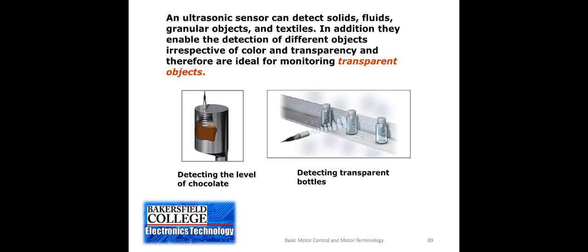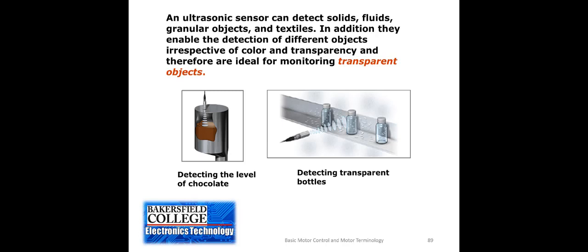One of the uses of an ultrasonic sensor is kind of like a proximity detector, in the sense that if you have objects on a conveyor belt, when that object comes in front of that sound wave, then it will bounce back at a different speed.